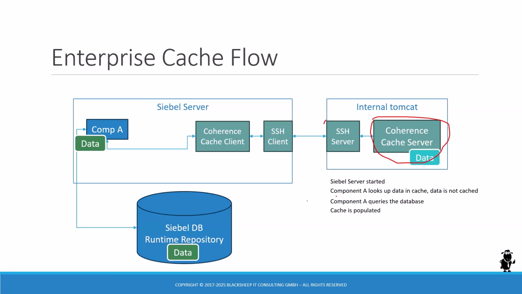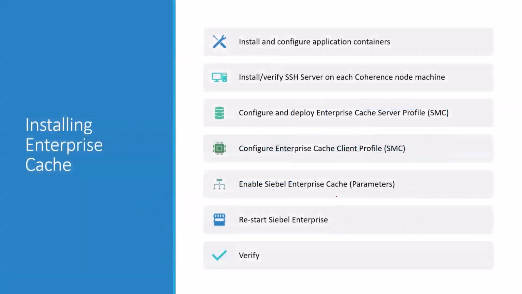And it also takes the burden of populating the cache with that data. So now that runtime repository information is in the cache server. Now component B starts up, looks for the same thing, and just uses the cache data. And obviously that's faster.